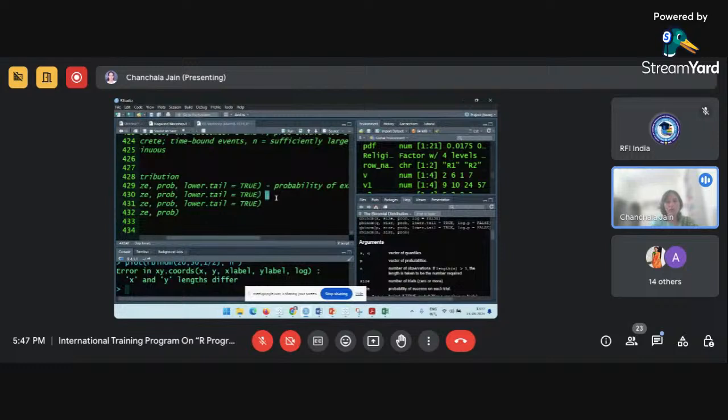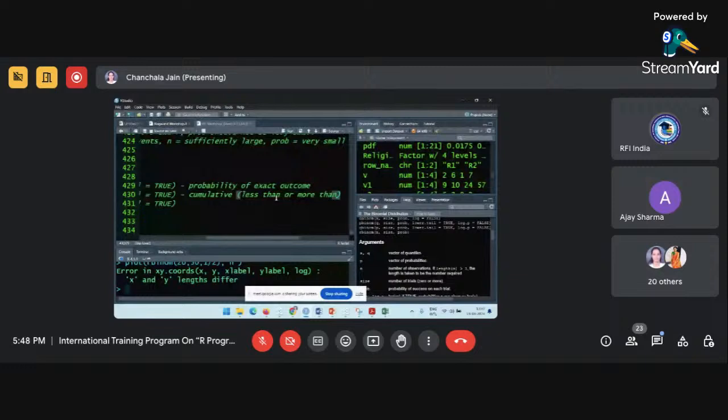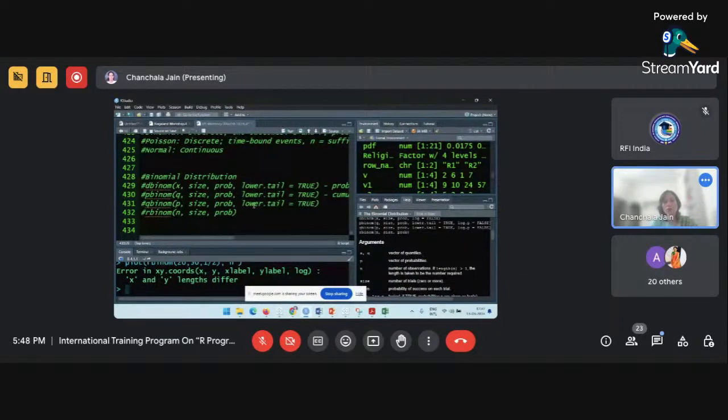But when you want to get the cumulative probability, cumulative meaning sometimes it is written like less than or more than, something like this, in that case, you will use this pbinom function. qbinom will be used when you have the probability and you want to get the value of x.